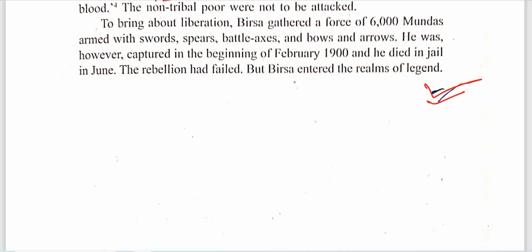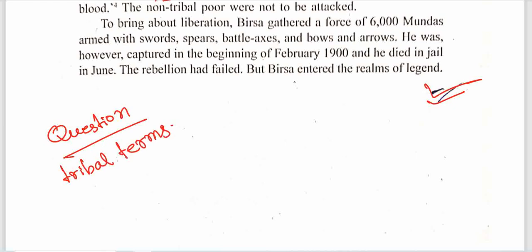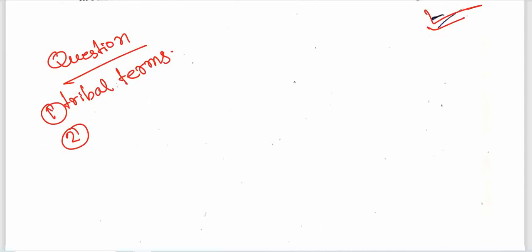I think various questions can be framed. Questions can be framed on the many tribal terms. These can be asked in the state PCS examination. Second point, all the tribal revolts and their region.